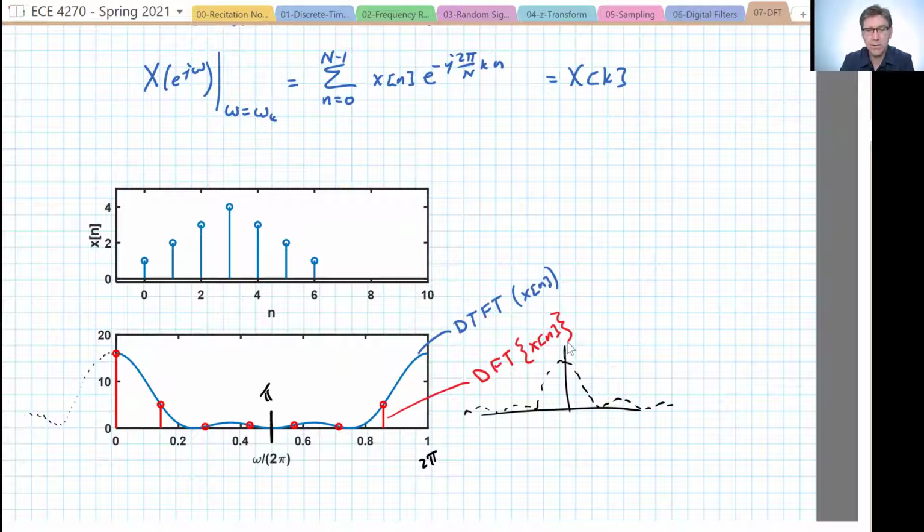Since we've already shown that the DFT basis is an orthogonal basis, it has N basis vectors, capital N basis vectors, and since x only has N non-zero values that we are concerned with, then we know we can perfectly reconstruct our signal x of n from these few scattered samples that we have of our DTFT.